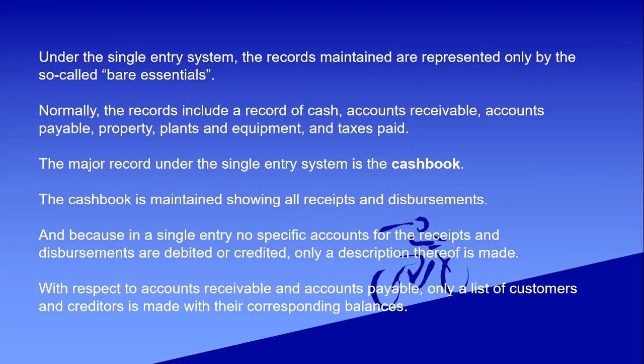Normally, the records include a record of cash, accounts receivable, accounts payable, property, plant, and equipment, and taxes paid. The major record under the single entry system is the cash book. The cash book is maintained showing all receipts and disbursements.